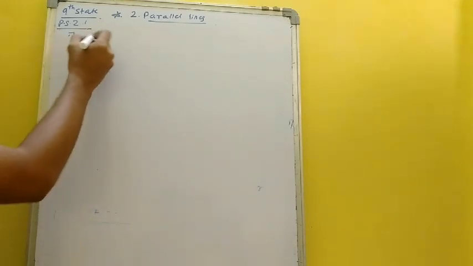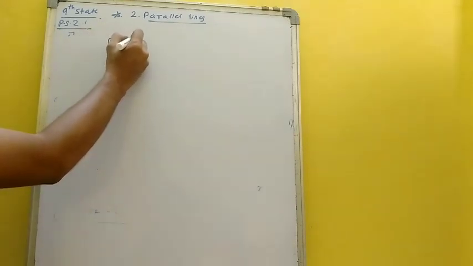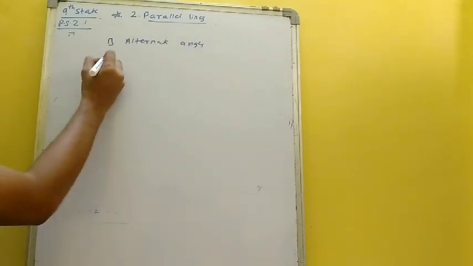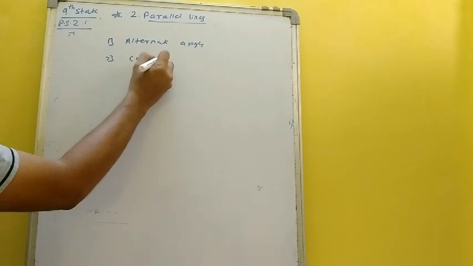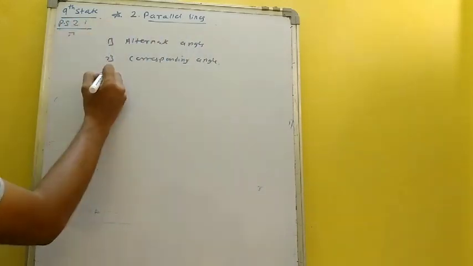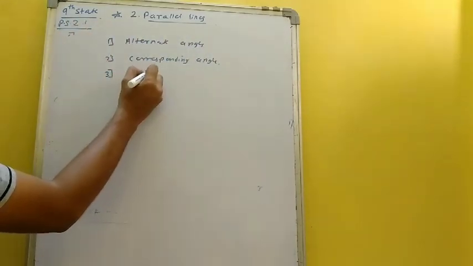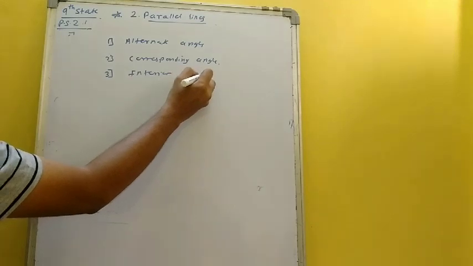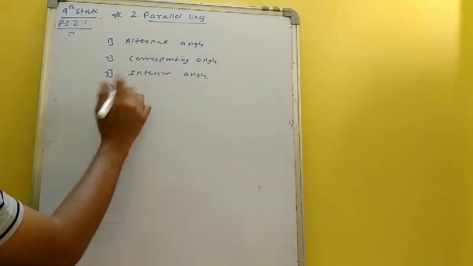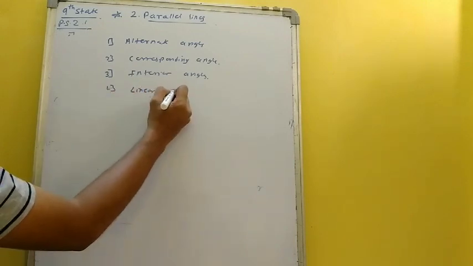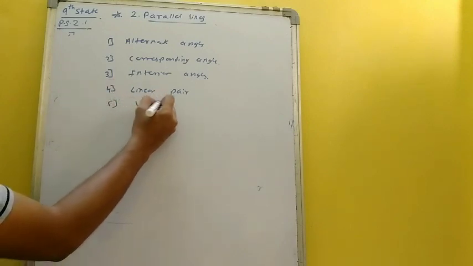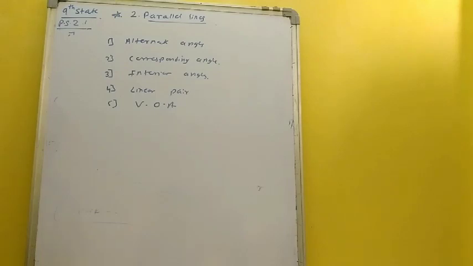So overall you should understand alternate angles, corresponding angles, interior angles, linear pair, and vertically opposite angles. Those five things you should know to solve this exercise.